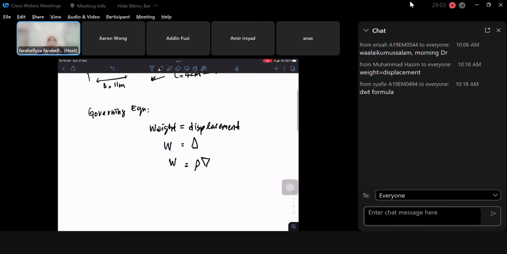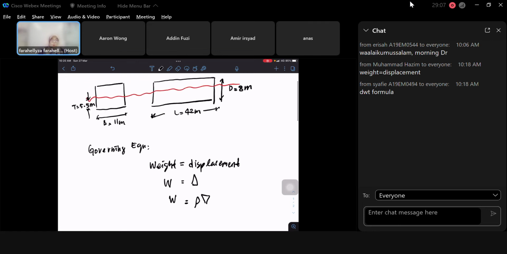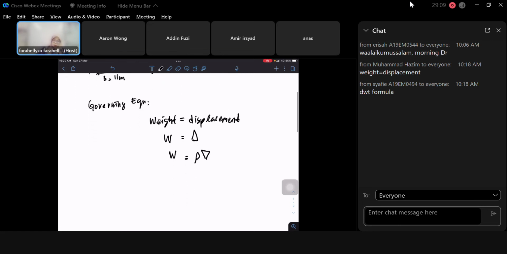So in this problem one, you only have a box shape.